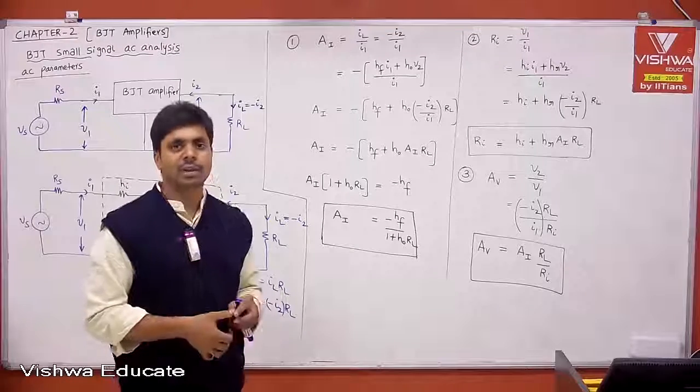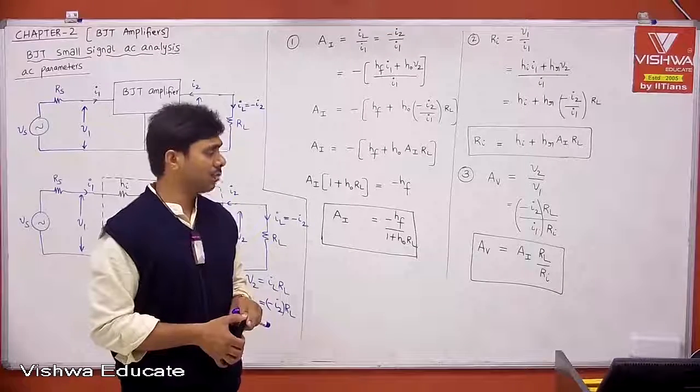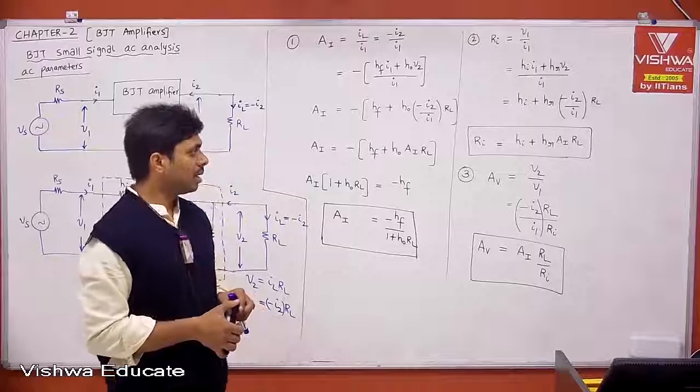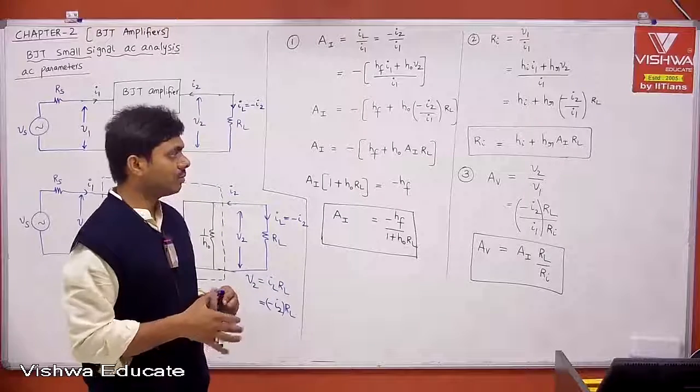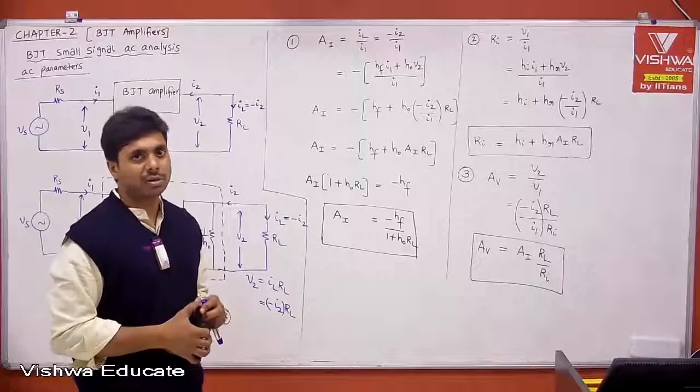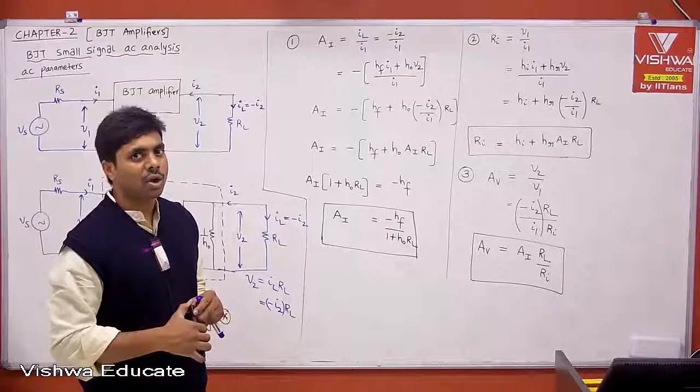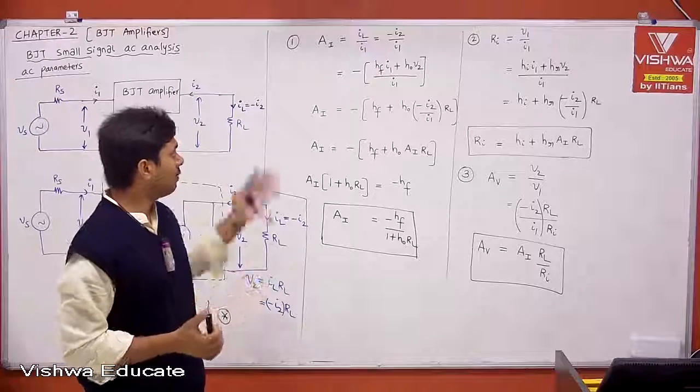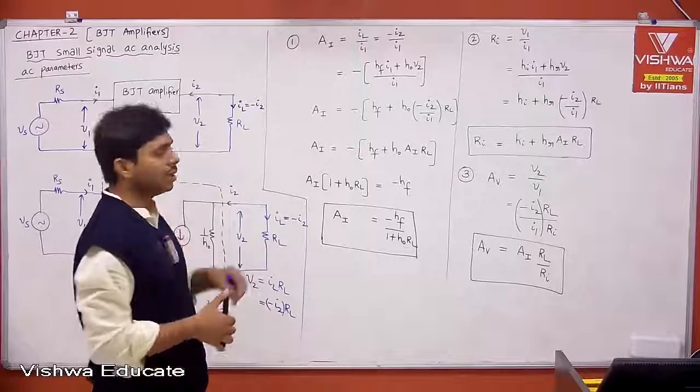It needs some explanation to derive what is Y naught, what is R naught. Then let me stop now. We will continue in the next session to calculate the output impedance. Once the output impedance is calculated, I can say the 4 AC parameters related to your amplifier are done.